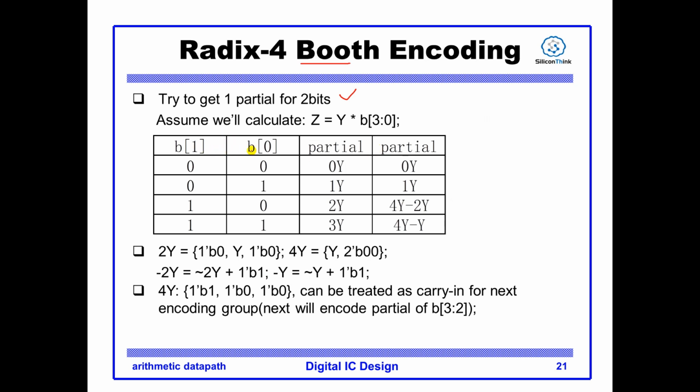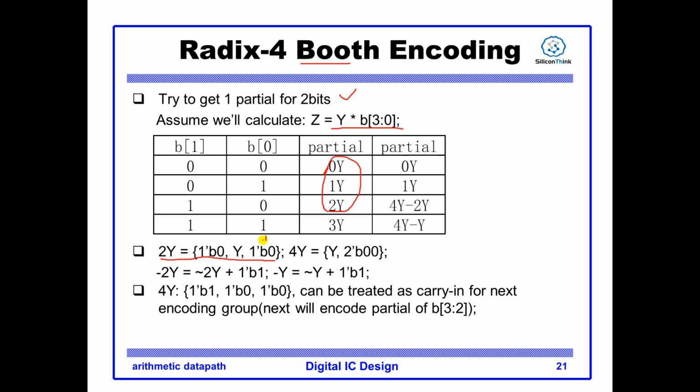For example, we want to do this calculation and we encode for bit 1 and bit 0. So the partial product should be 0, 1, 2, 3 times y, and these 3 are easy to do. 0, just a copy of y. 2 times y is also simple.